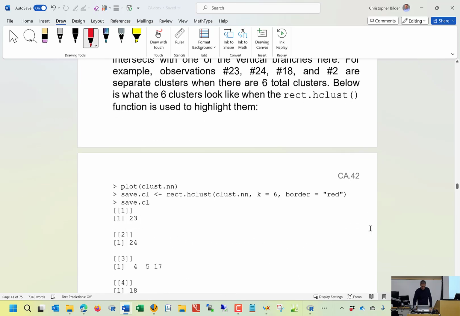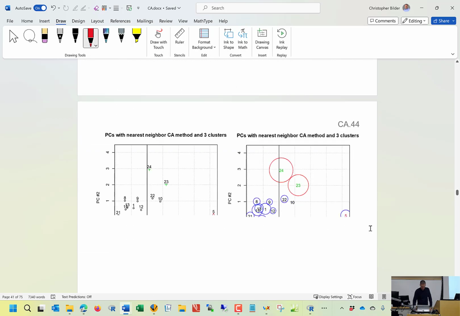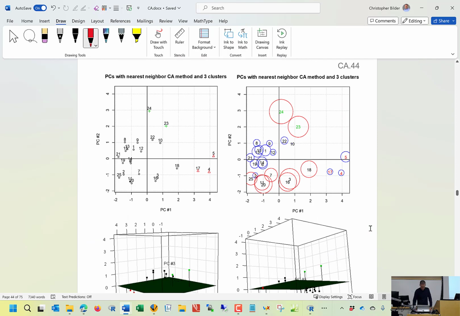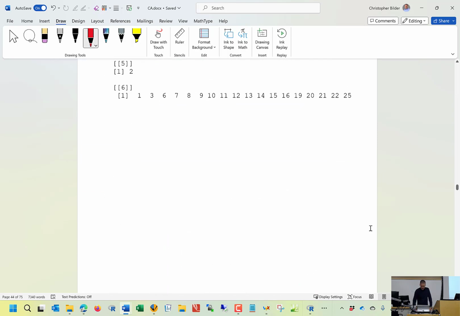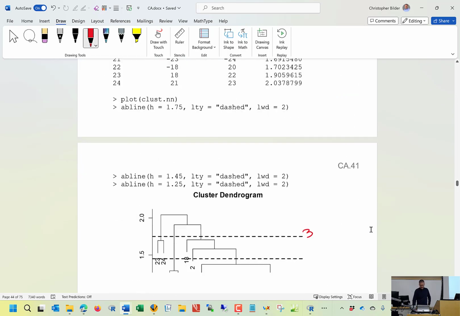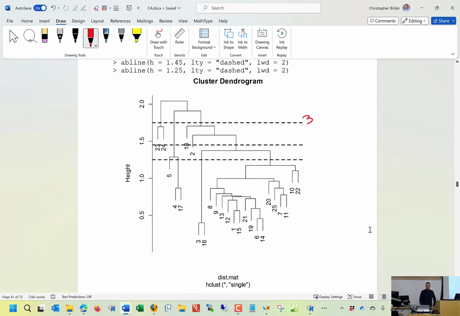I should have a plot of the data coming up. Oh, okay. Yeah, we'll get to that later. So I have 3 clusters there. 23 and 24 are in one cluster. Goblets 4, 5, and 17 are in another one. And all the other ones are in the third cluster.